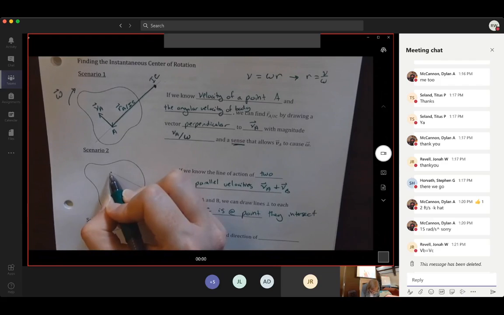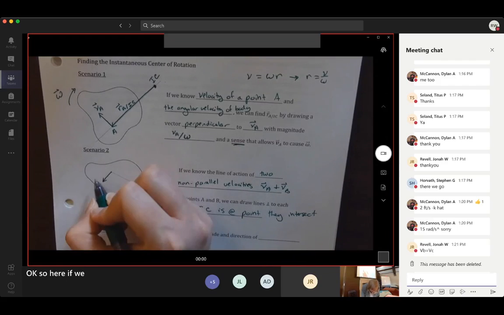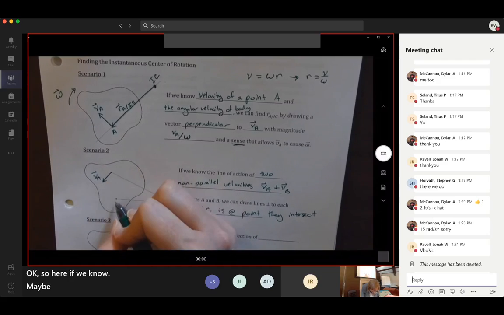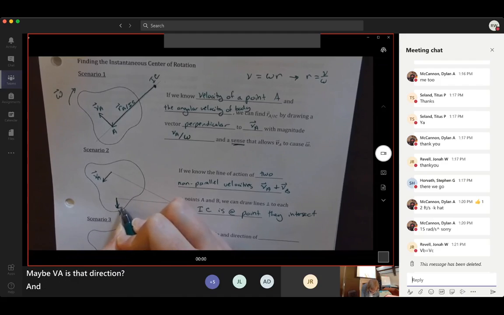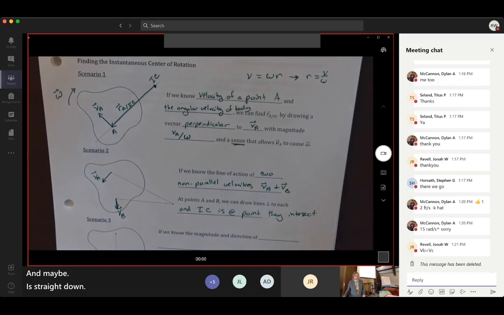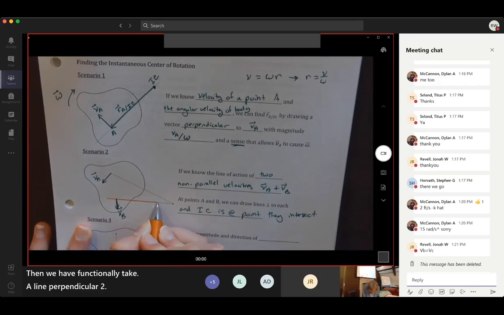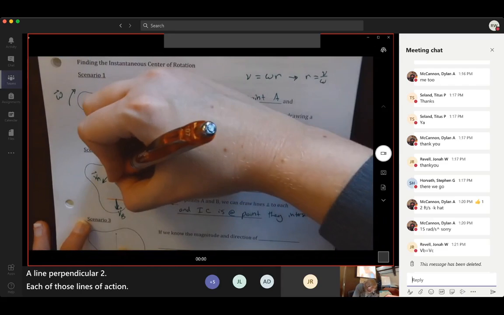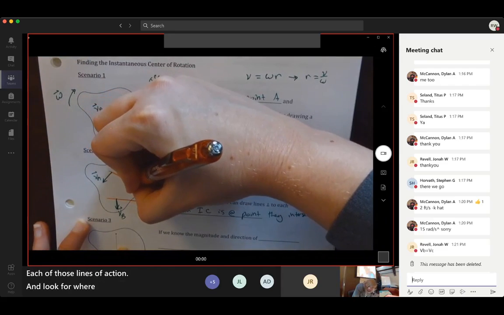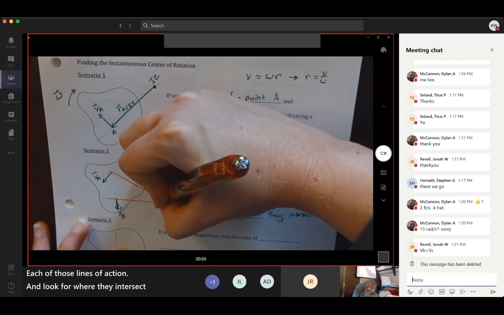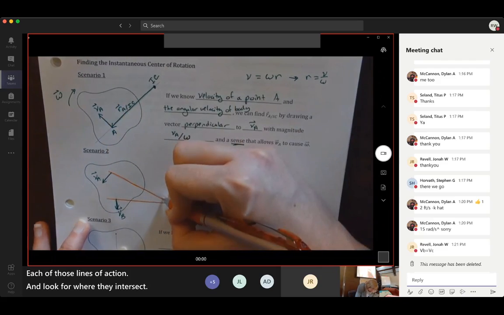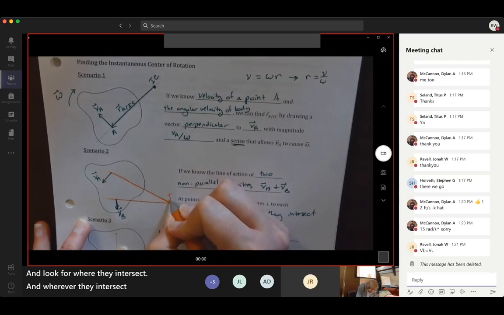Okay, so here if we know maybe VA is that direction and VB is straight down, then we take a line perpendicular to each of those lines of action and look for where they intersect. And wherever they intersect is where we have our IC.